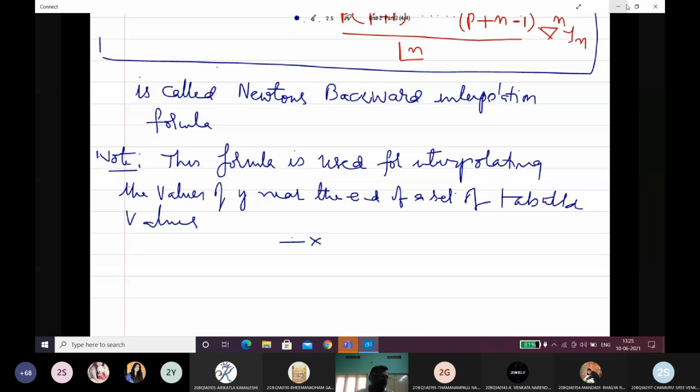Now we have to do one problem which is related to both forward and backward interpolation.